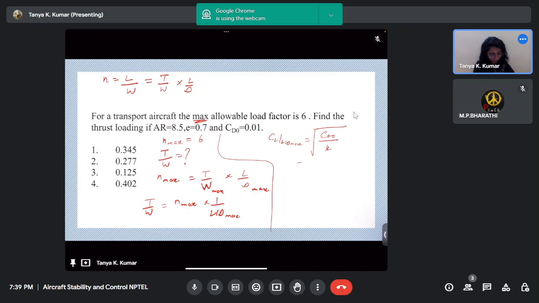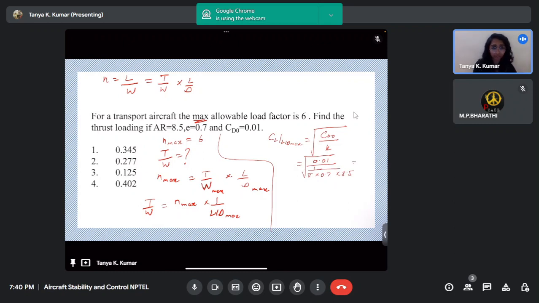CD naught is 0.01, K is 1 by pi AR, AR is 8.5. So what is this value? Just calculate and tell me.